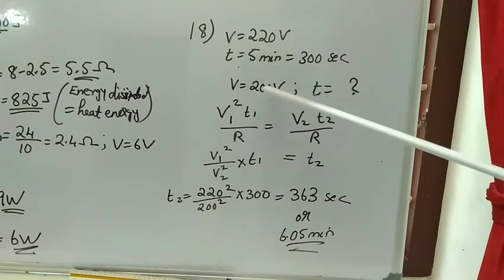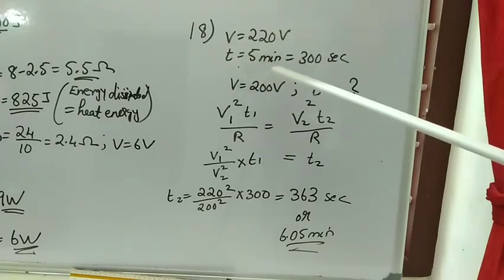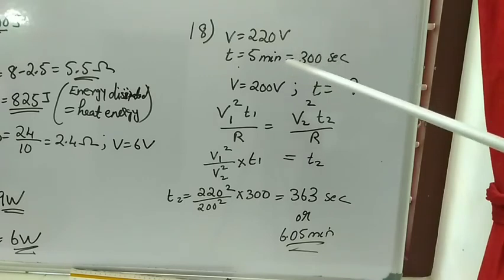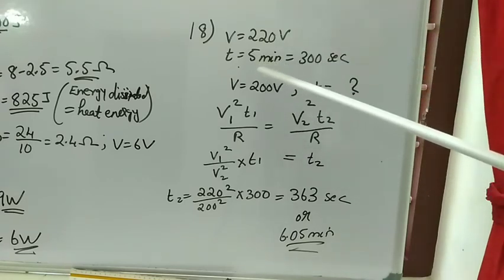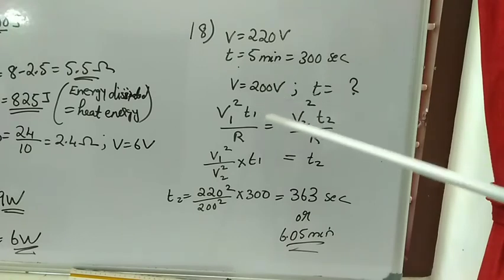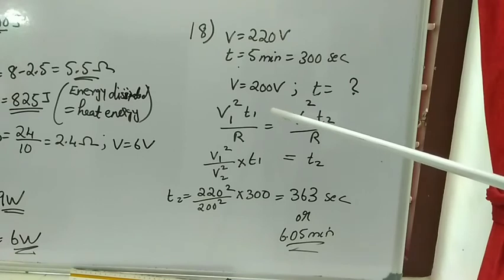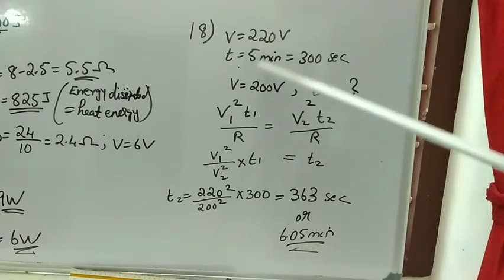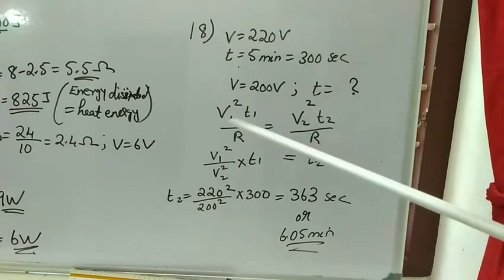Obviously if the voltage is less than 220, that is 200 volt, the time will increase. When you get the final answer, you should compare whether our answer is correct. Instead of 5 minutes, the voltage is going to reduce. If the voltage reduces, the time taken to boil the water will be more. Since we are taking two separate cases, we have to take the ratio comparison.